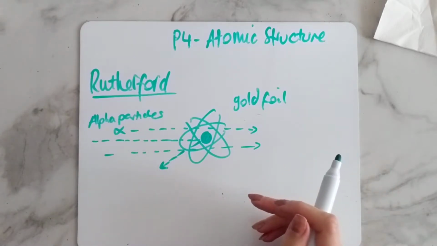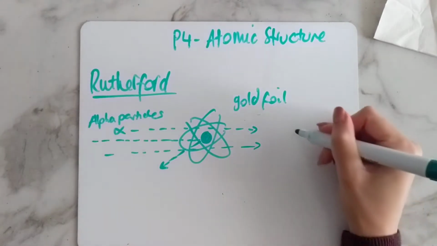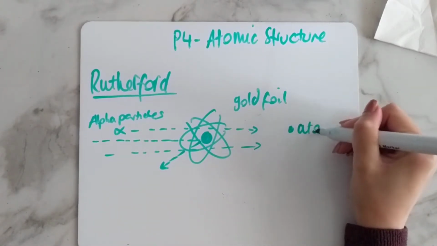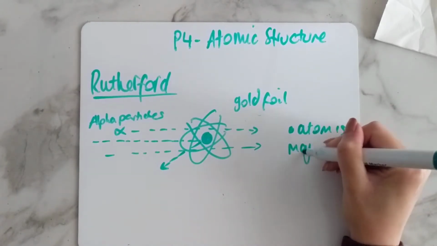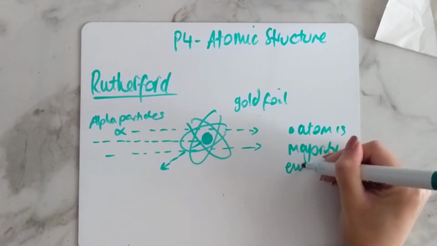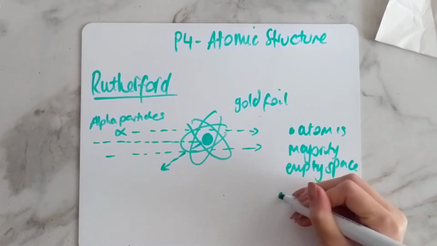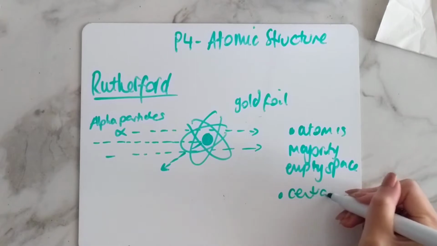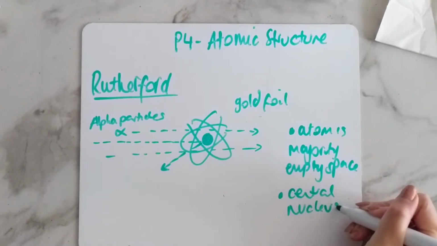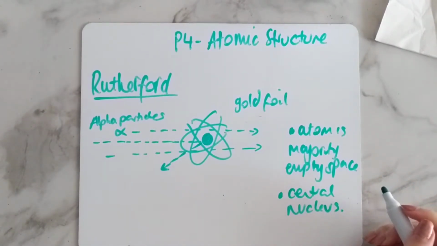So that's his experiment, and the two key points are: the atom is mostly empty space, that's why the alpha particles went straight through, and there is a central nucleus, and that's why some reflected back.